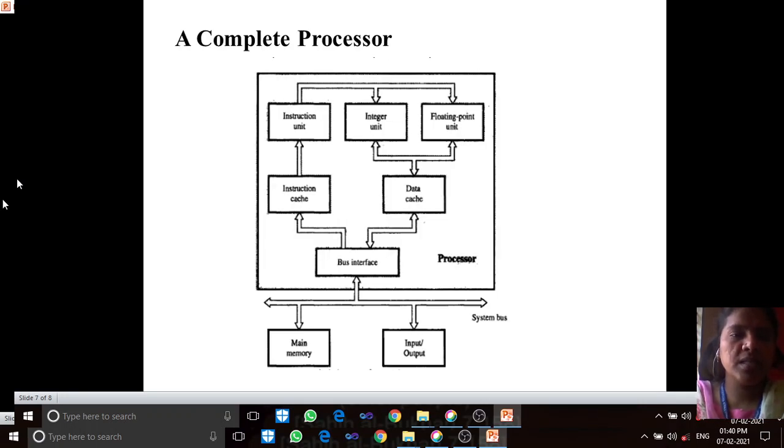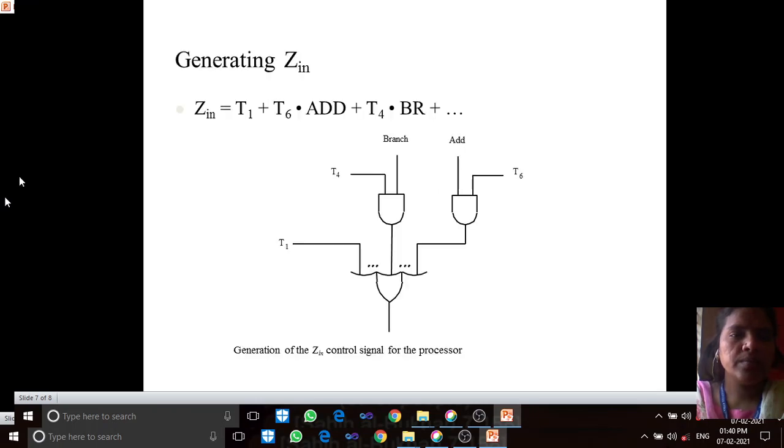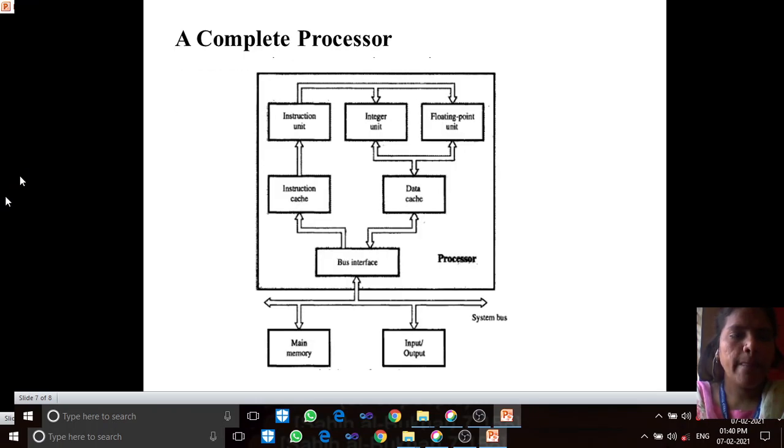A complete processor is shown here. You can see what is there in the processor. You have an integer unit to process the integer data, and a floating point unit.